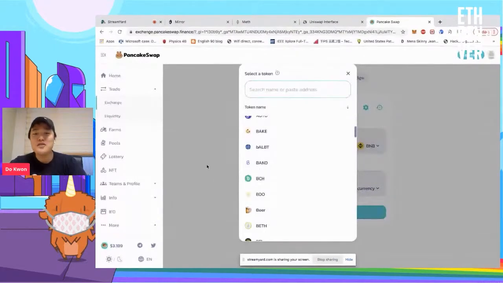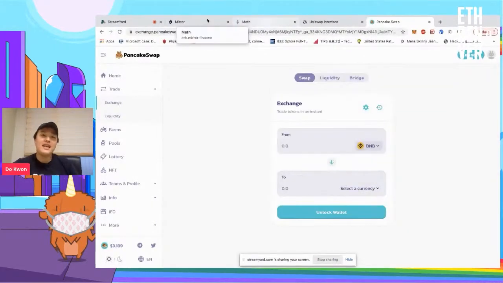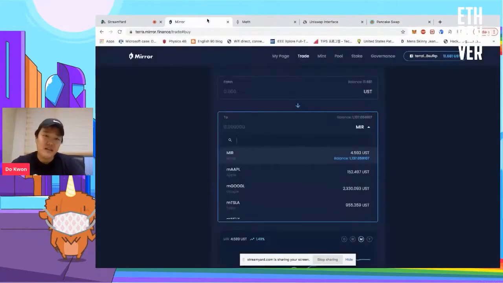Basically the idea is that we've constructed a scheme whereby you are able to create synthetics that replicate a trading experience of what you would find on an equities exchange, like a commodities exchange. And then we've taken this interchain to be supported on Ethereum, Binance Smart Chain, Terra, and then coming to some other chains like Solana fairly soon.